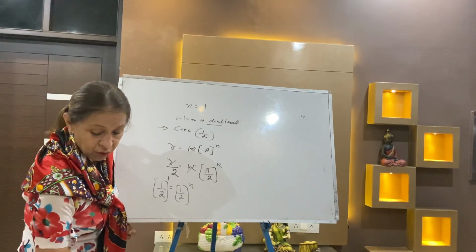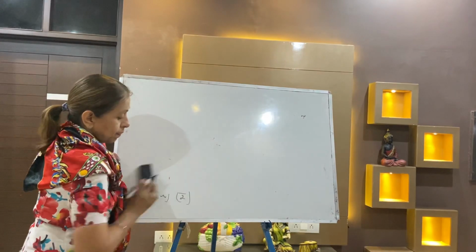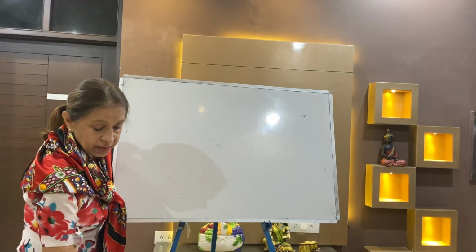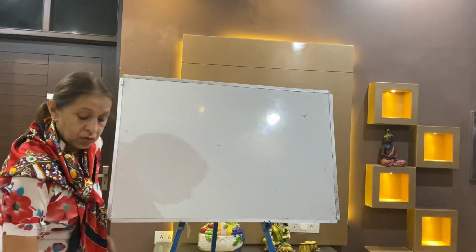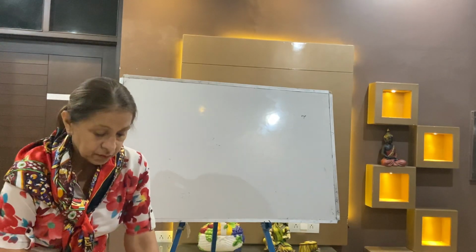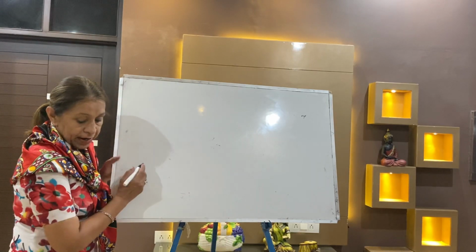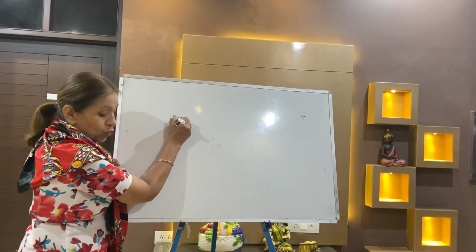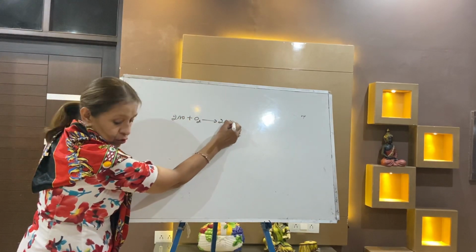Now I am taking the next numerical. There are so many types of numericals. Now the question is 2NO plus O2 arrow 2NO2.